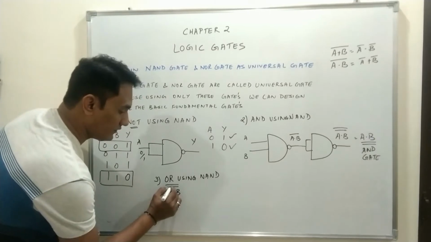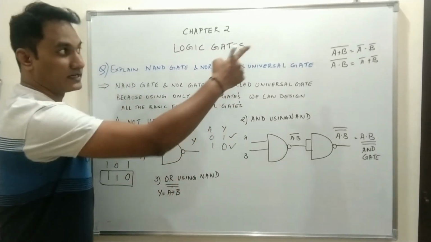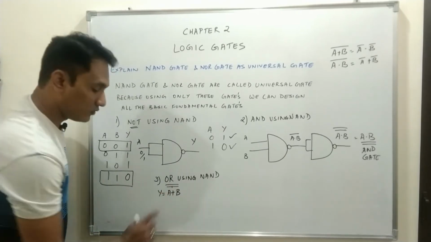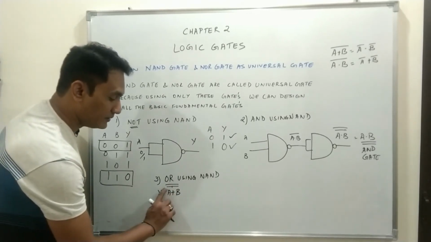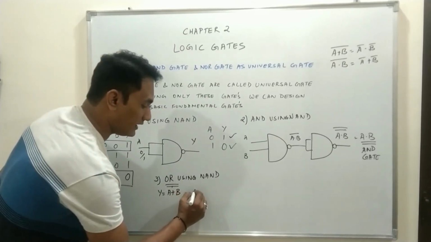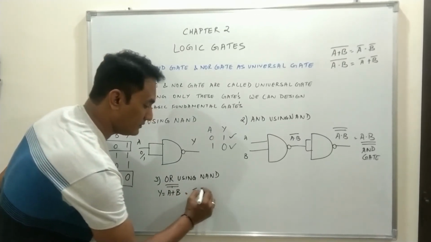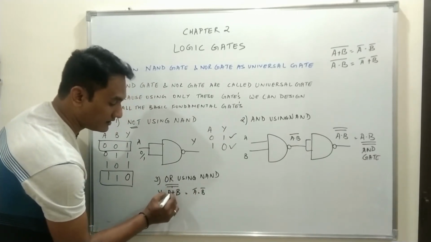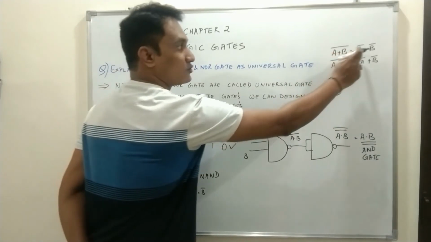Now we will use De Morgan's theorem, and we will solve only the one bar. So what you get is A plus B whole bar. If this is solved, it will be A bar dot B bar. You have to split the bar, split the complement, A bar, but the sign will change from plus to dot.